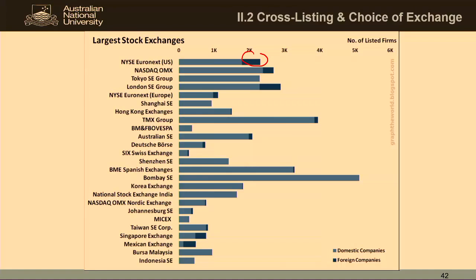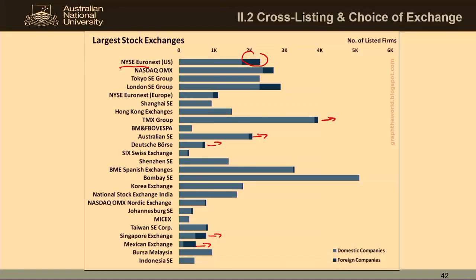London, NASDAQ, NYSE Euronext in Europe. That's because NYSE has also merged with Euronext. So we have a giant group where NYSE and Euronext, all of the major markets in Europe, are under the same company. Deutsche Börse, Australian Stock Exchange, pretty popular. Singapore Stock Exchange, Mexican Stock Exchange, pretty popular as well. TMX, which is the Toronto Stock Exchange, merged with the Montreal Stock Exchange.